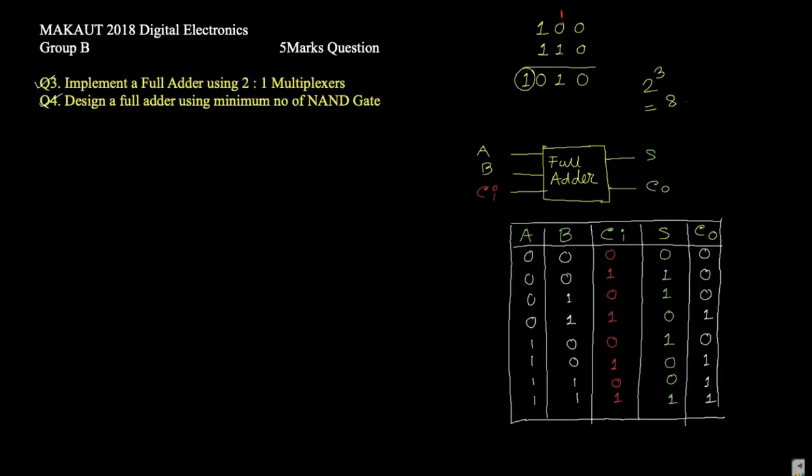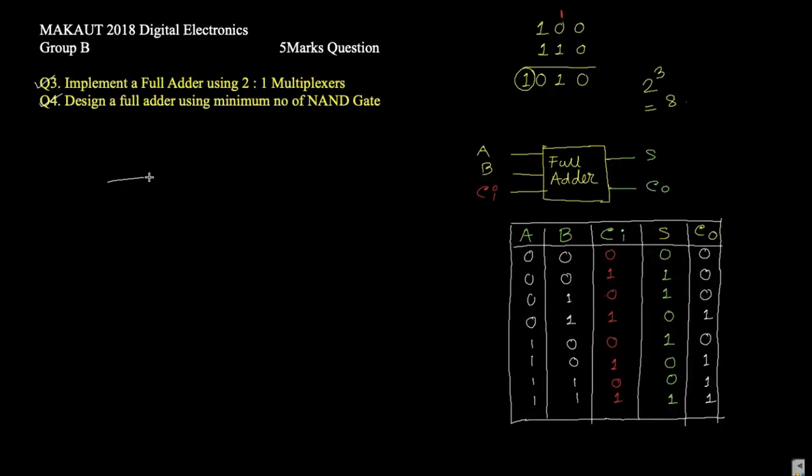So this is important for the entire video. Okay, now what is the sum? We can make a Karnaugh map, or we can solve it by Boolean algebra. If we make it through a Karnaugh map, then A, B and Ci are the input and S is the output.